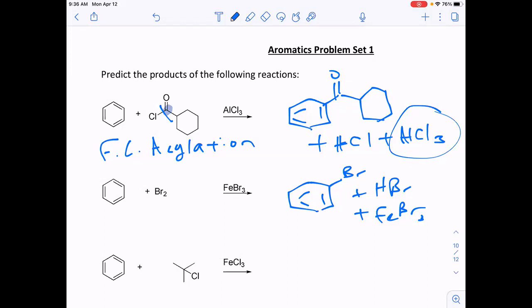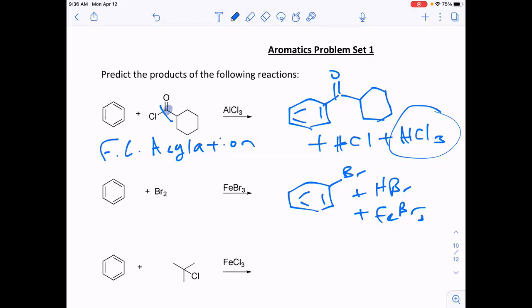So if I took the product from the second reaction that had bromine on it, and I want to do another reaction on it, what is bromine? Is it a donor or an acceptor? A donor. It's a donor. So if I did a reaction on that product, then any electrophile I add has to come in either ortho or para. What if I took the top structure and did another reaction on that?